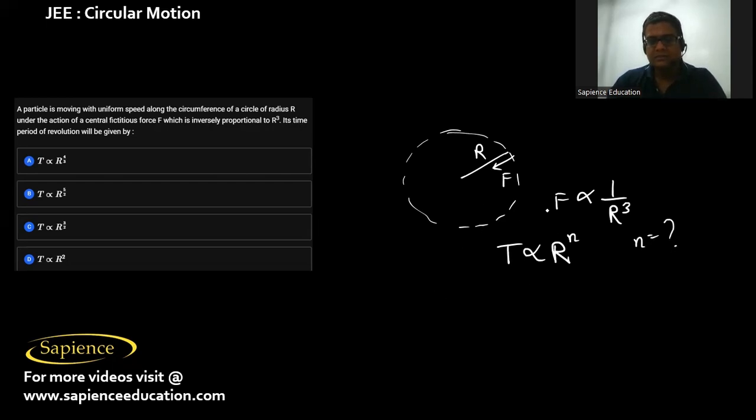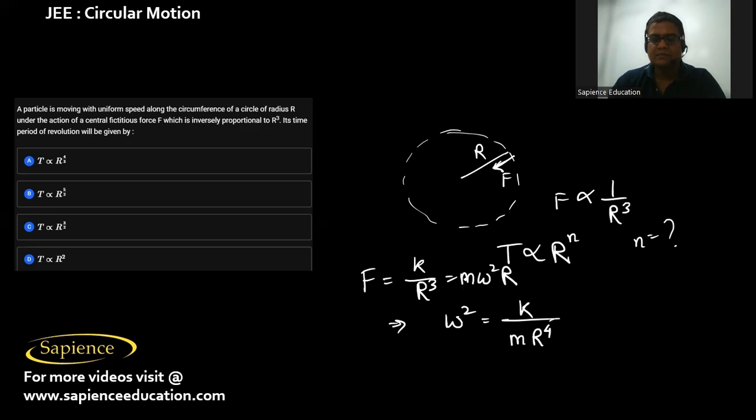So your force is equal to some constant k by r cube, and this central force is providing the necessary centripetal force, which is equal to m omega square r. Mass will be constant also. So we can say omega square will be equal to k by (m r power 4).